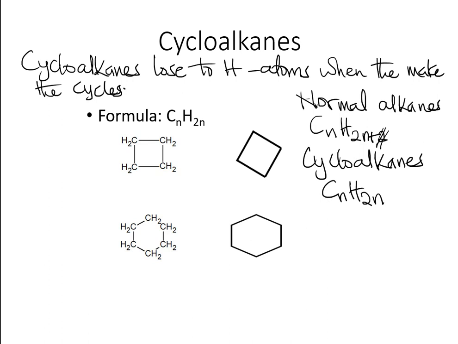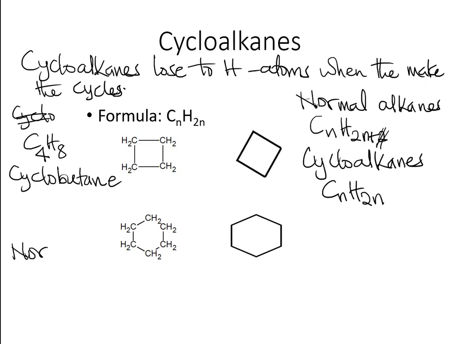So if you have an alkane with 4 carbon atoms, so you have C4, you are going to have H8. That is a cycloalkane, or we call it cyclobutane, C4H8.